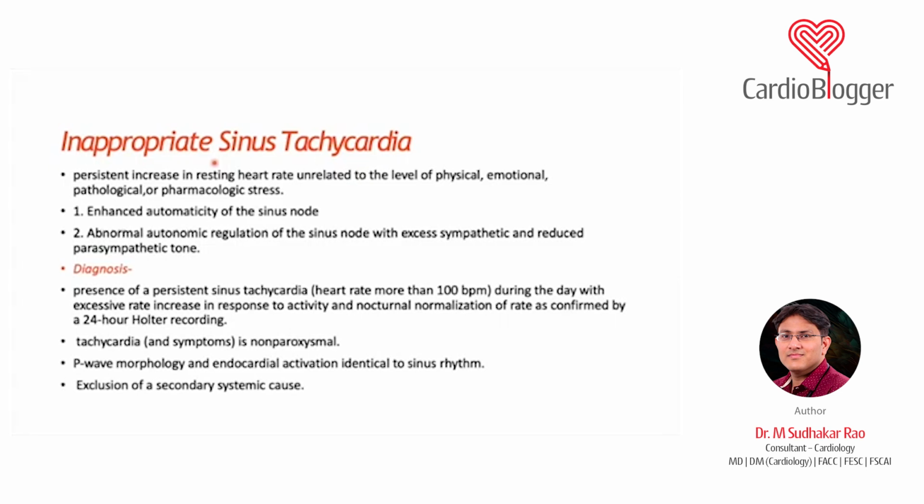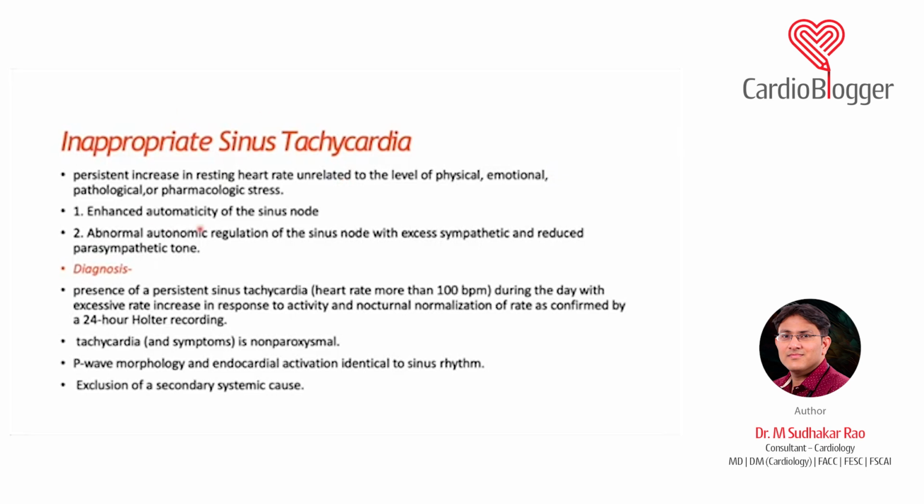But for all practical reasons, we say that any heart rate which is more than 130 to 140 is an inappropriate sinus tachycardia, because they may be associated with tachycardia-mediated cardiomyopathy. So there should be a persistent increase in resting heart rate which is unrelated to the level of physical, emotional, pathological and pharmacological stress.